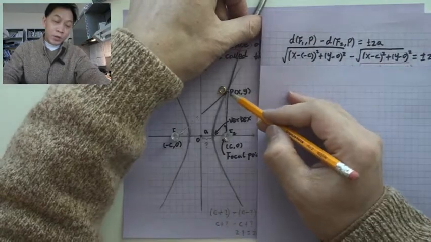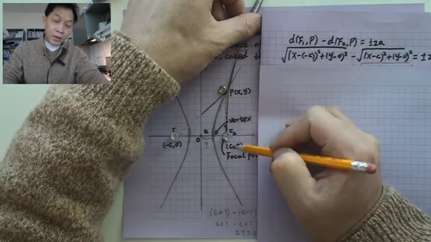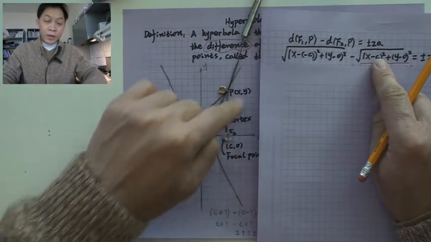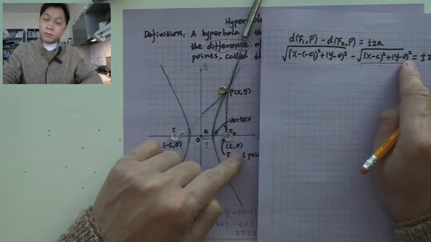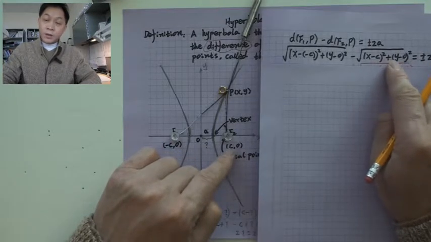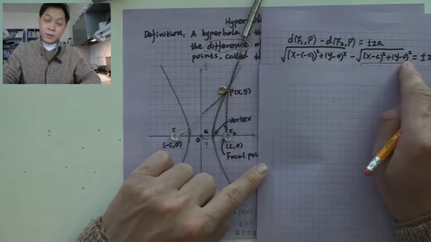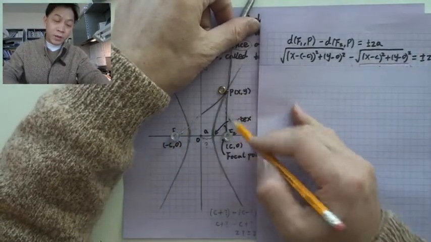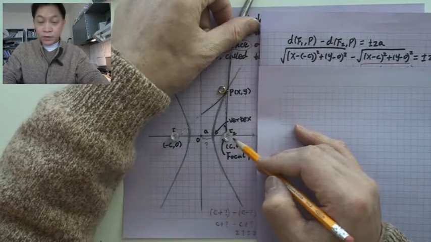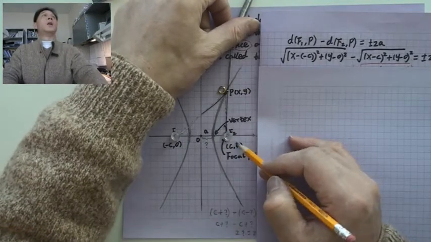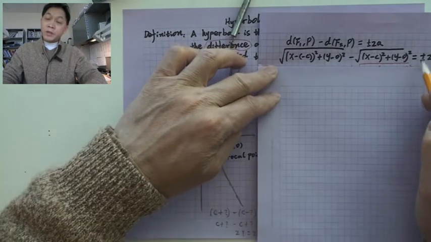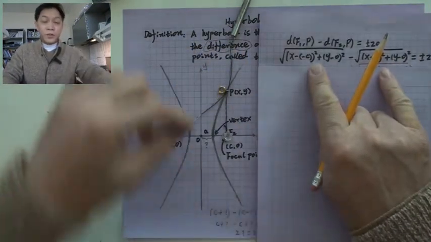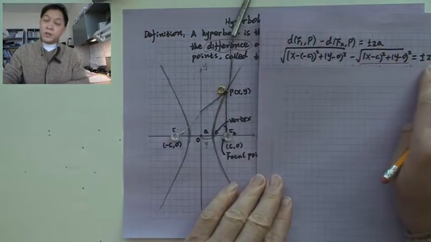And the distance between P and the right focal point is the square root of x minus c squared plus y minus 0 squared, that's the distance between P and F2, the right focal point. This equals plus or minus 2a, because the difference of these two distances is a constant 2a.